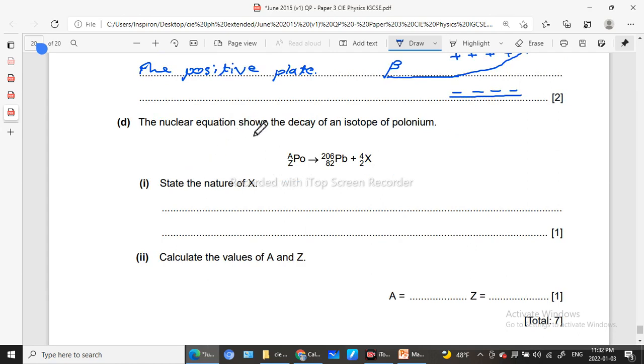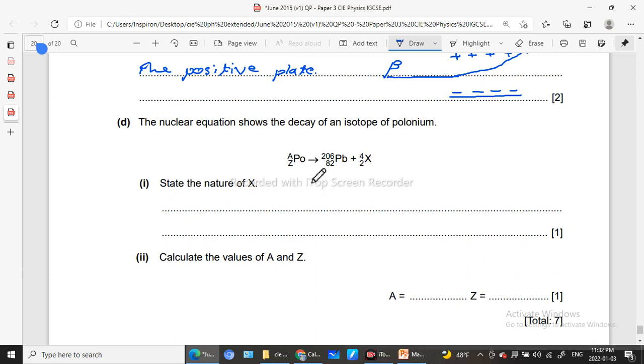The nuclear equation shows the decay of an isotope of polonium, A Z Po, which now disintegrates to Pb 206 with Z equal to 82, plus X 4 2.